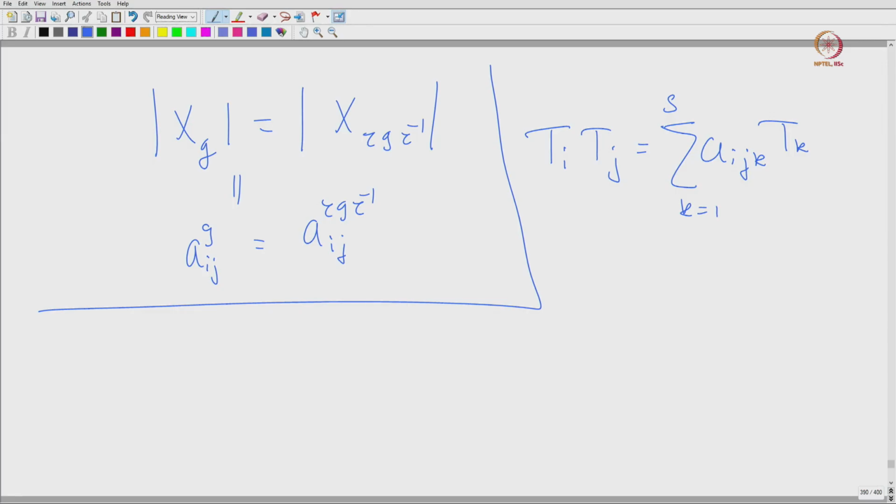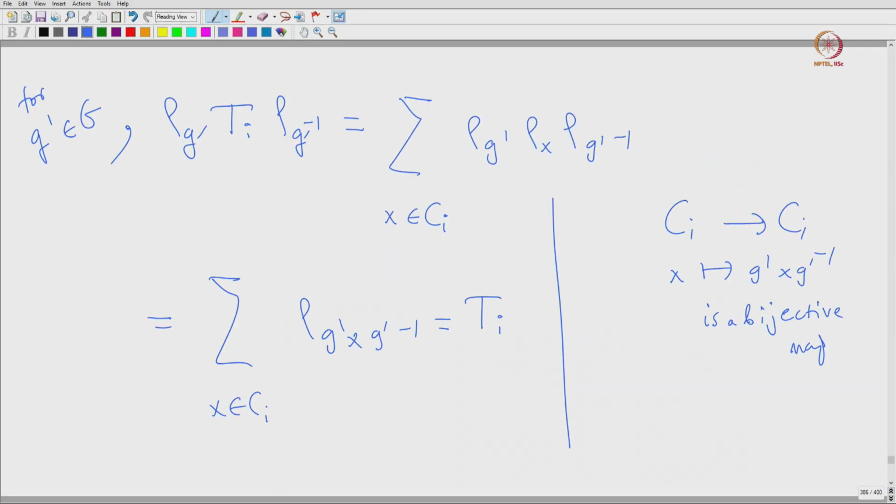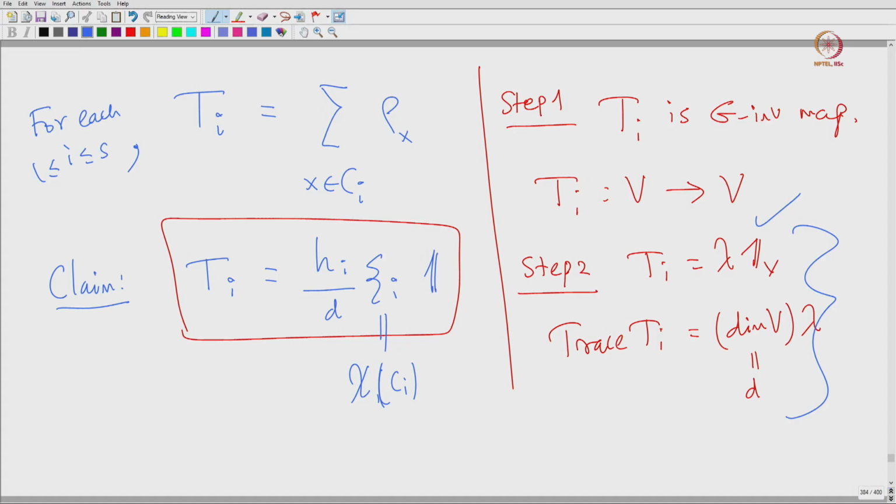Recall that when we act T_i on this representation V, T_i acts as exactly h_i chi(C_i) divided by d. This is our identity, this is how T_i acts. So, let us go back. It is exactly acting as h_i chi(C_i) divided by d on V.